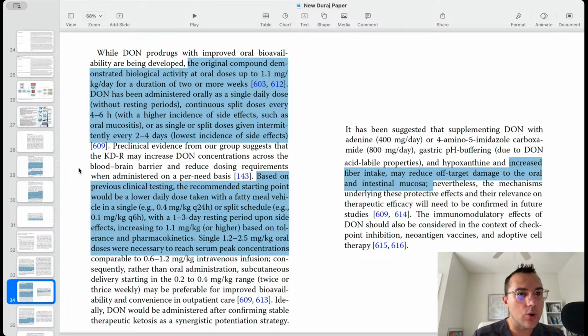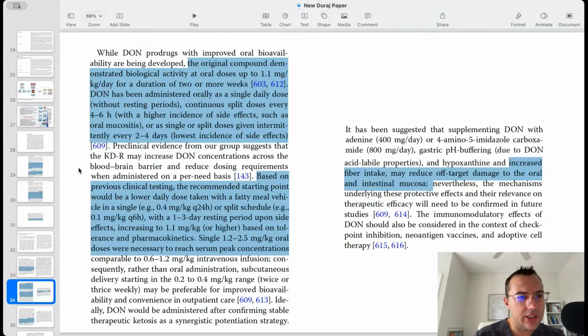DON has been administered orally as a single daily dose without resting periods continuously, or as split dosing every 4 to 6 hours with a higher incidence of side effects such as oral mucositis, or as single or split dosing given intermittently over 2 to 4 days, with the lowest incidence of side effects.